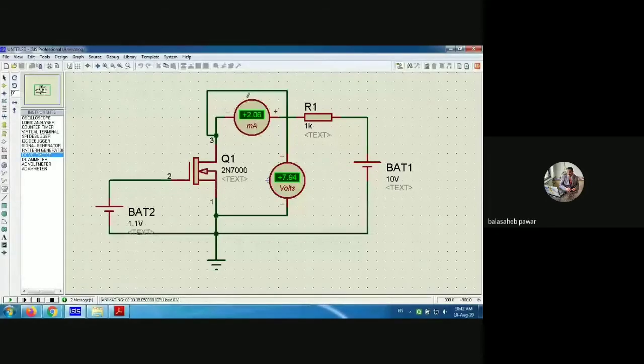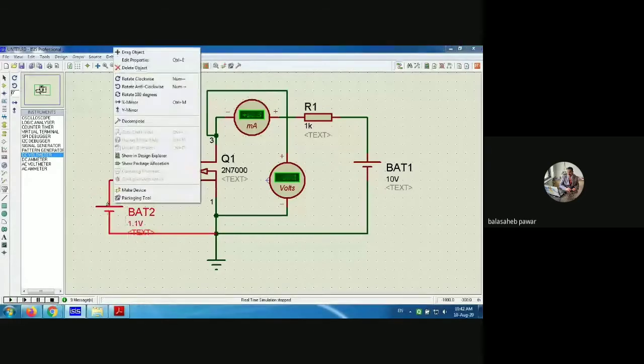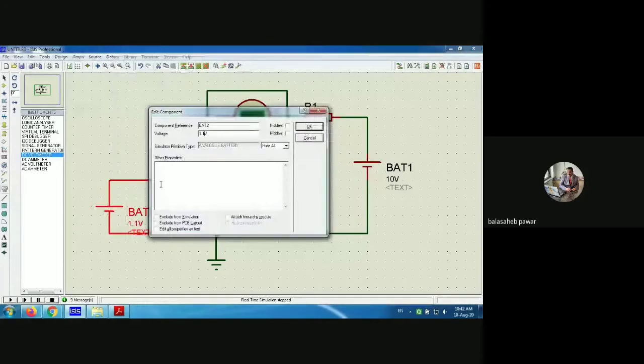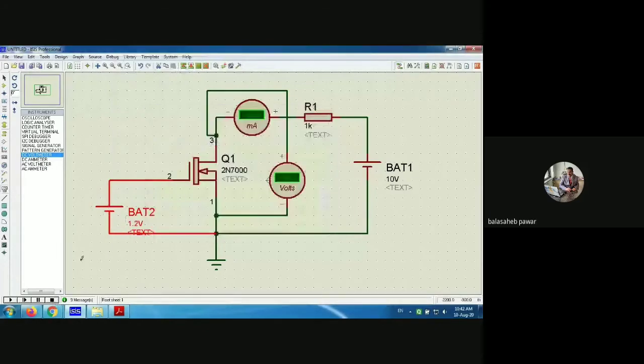Okay. Again, we'll take the next value of the input voltage from 1.1. I am going to increase it to 1.2 volts, and again we'll check. Now see, the current is 4.14 and the voltage is 5.86. Have you noted all these values? Are you doing it? Yes, sir. Okay, good.